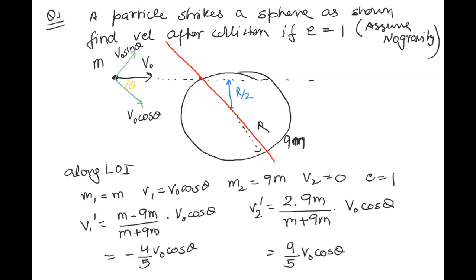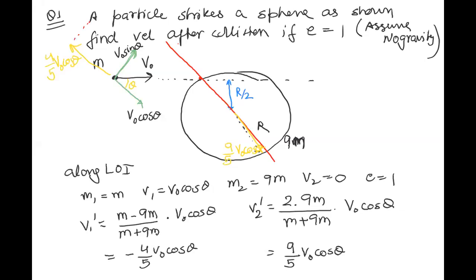So this guy will move with a velocity of 9 by 5 v naught cosine theta. This guy will have a velocity of 4 by 5 v naught cosine theta. But it already has a velocity of v naught sine theta that is not going anywhere.